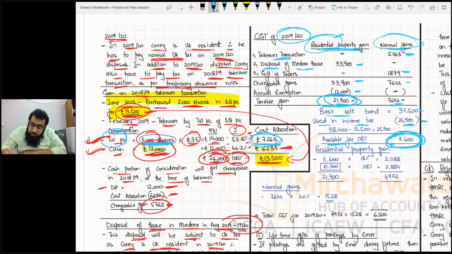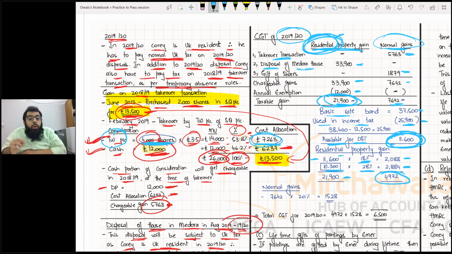First of all, I will use this band for residential property because it has a higher rate of tax. On 11,600, the rate of CGT will be 18%. If someone has forgotten, I will remind him that on residential properties the rates of tax are 18 and 28%, and on the remaining portion of the gain the rate of tax will be 28%.